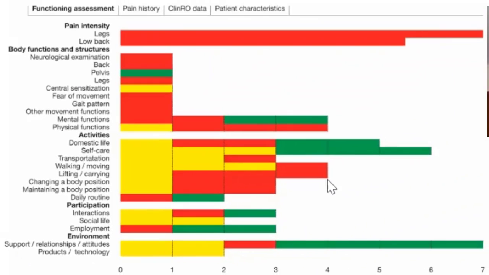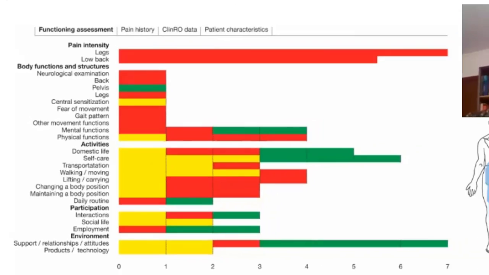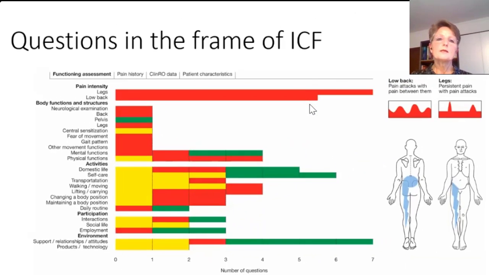As you can see in the picture, we have red bars and yellow and green bars. For the green bars, the patients or the clinicians do not find that item a problem for the daily activity or the health of the individual patient. But all the red bars were problems.